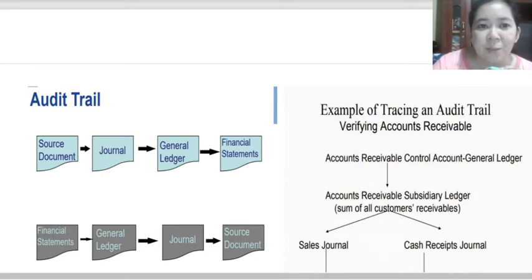Okay, so basically an audit trail is used during the audit, may it be internal or external, to make sure that the transactions recorded and presented in the financial statements really did exist.